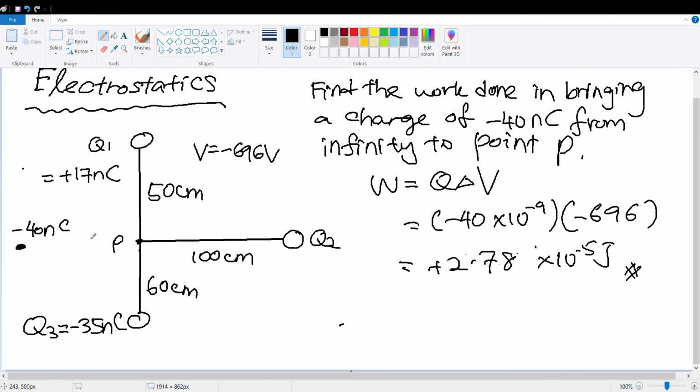So we know that for this charge, which let me consider as Q4, this Q4 actually came from infinity.